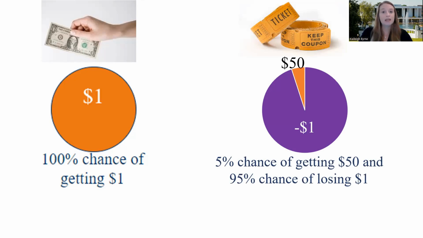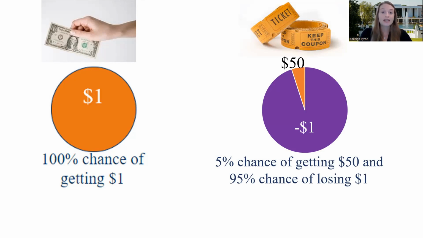Now, there's about 100 people at this event, and there's 5 potential gift card prizes that are each worth $50. So this means that there's about a 5% chance of getting $50 if you buy the raffle ticket. But that also means there's a 95% chance of not winning. And if you don't win, then you'll lose the cost of the raffle ticket, which is $1.